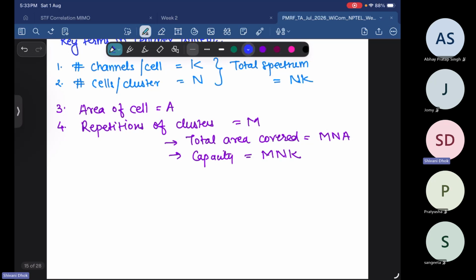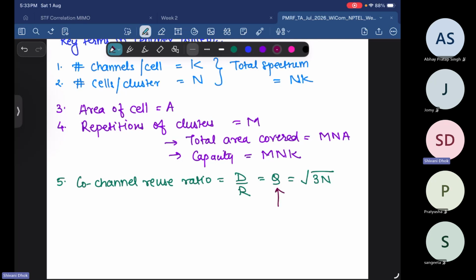Another important factor is the co-channel reuse ratio. This is D by R, which is also Q, which is under root of 3N, and this distance D is basically the distance between the co-channel interfering cells.